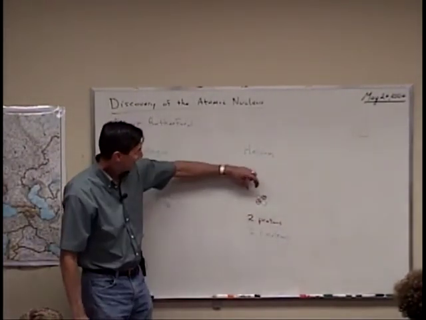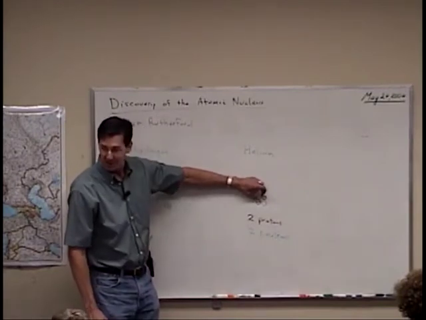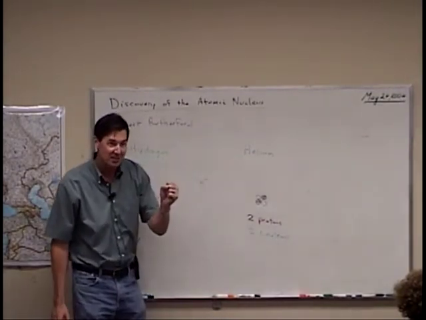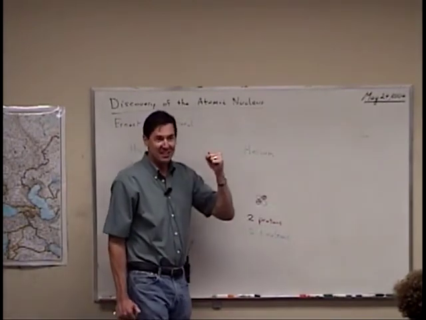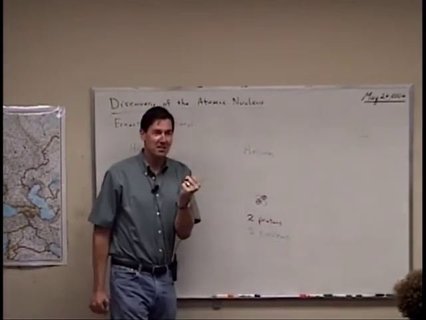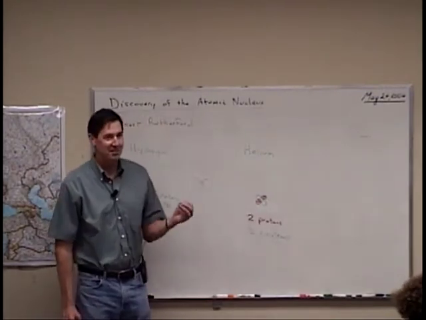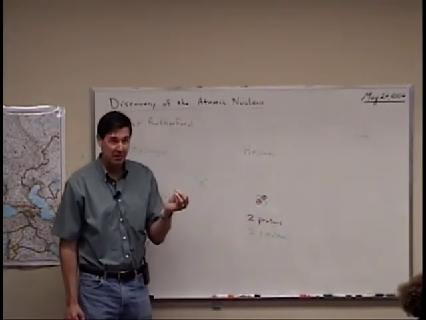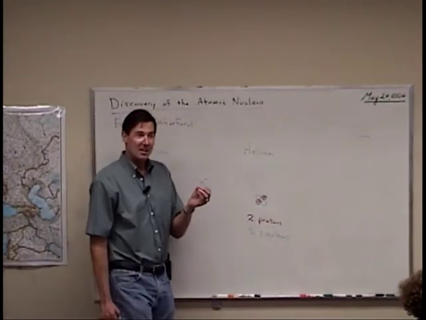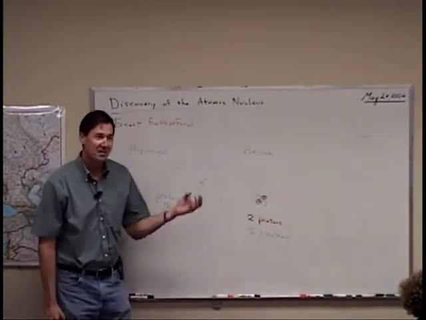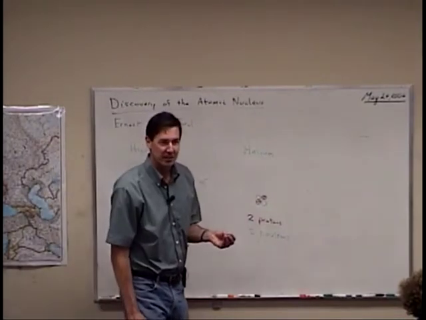Particularly since these protons repel each other, right? I mean, two positive charges, and you're putting them just ridiculously close together because these nuclei are really, really small. So how do you put two positive charges in this helium nucleus practically right on top of one another?